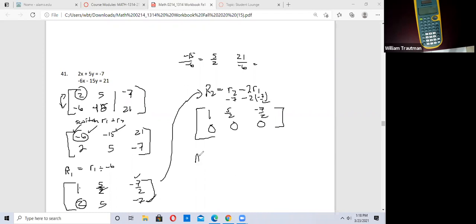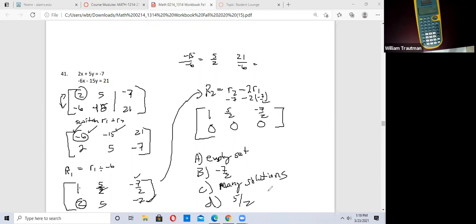So here are the possible solutions: the empty set, -7/2, many solutions, D, 5/2.